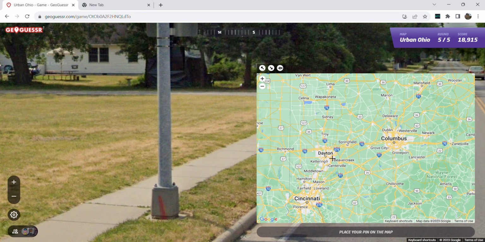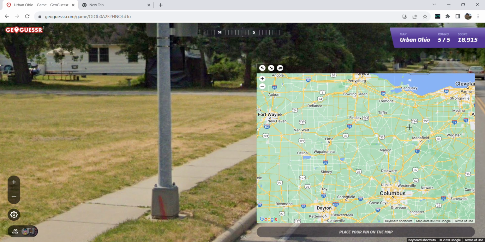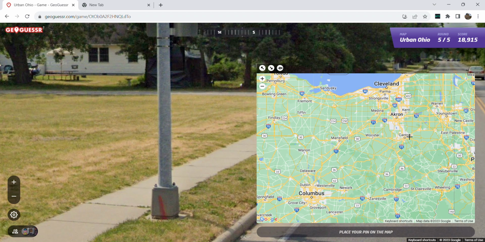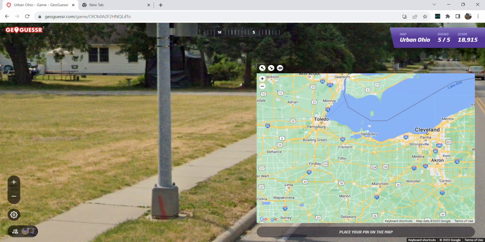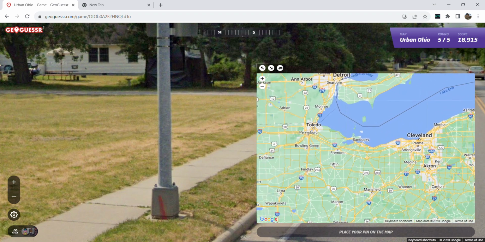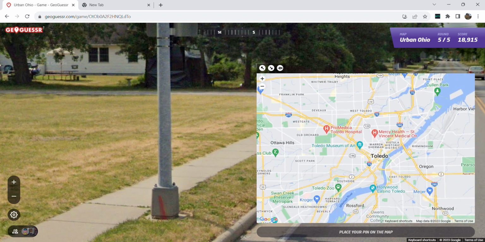Springfield down through Dayton, Metroplex, Hamilton, Fairfield into Cincinnati's on it, Columbus Metro's on it, Toledo Metro, Cleveland, Akron, Canton, and then Warren, Youngstown over here. Good thing we haven't had a Warren, Youngstown round yet. I am not very good in those areas.